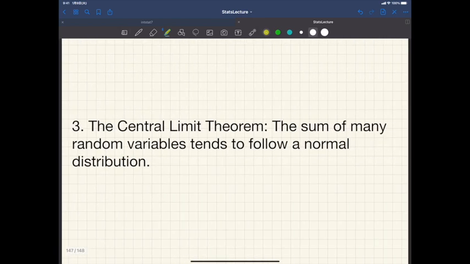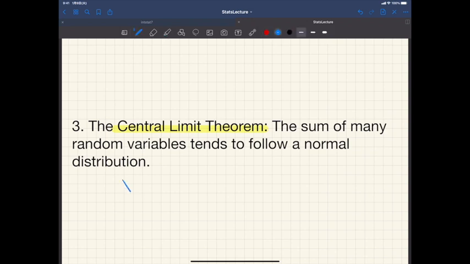And third, actually this is the most important reason, we have the so-called central limit theorem. Maybe you have already heard about this before in high school. That says the sum of many random variables tends to follow a normal distribution.